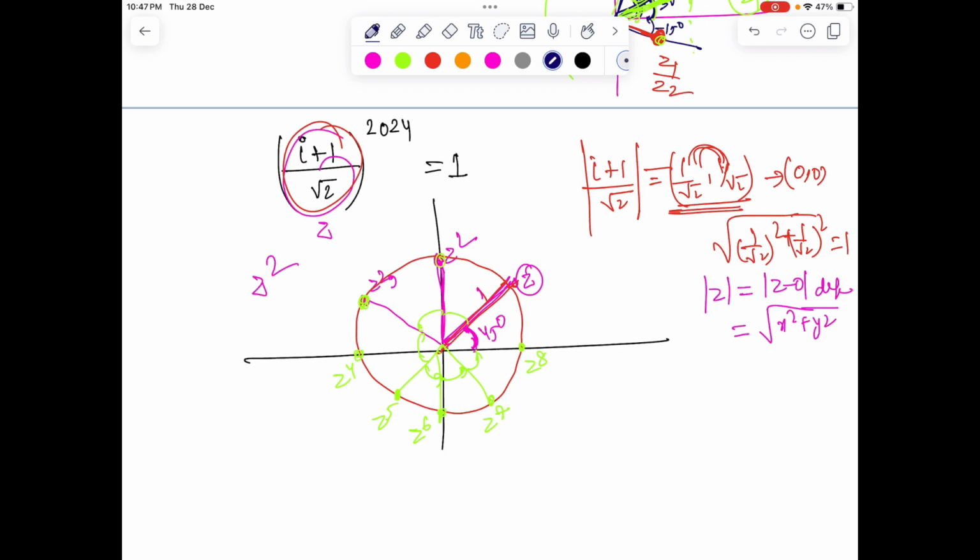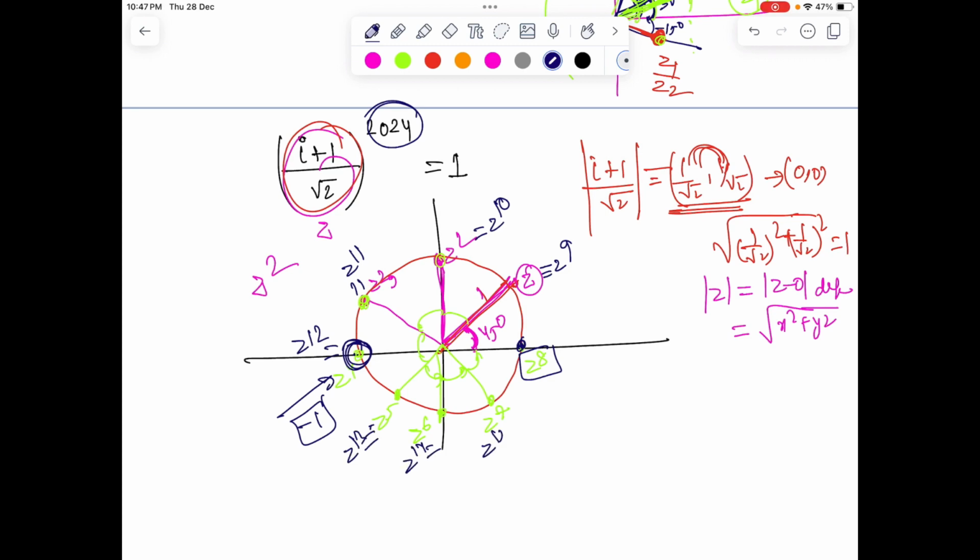So you can clearly see that every power of 4 will throw you here at the minus 1 value, and a power of 8 will throw you at the plus 1 value. And you know this is already a multiple of 4. So z9 is z, z10 is z square, so you are basically moving in a cycle, right? z11 is the same as z cube, z12, z13, z14, z15, z16, and keep on counting.